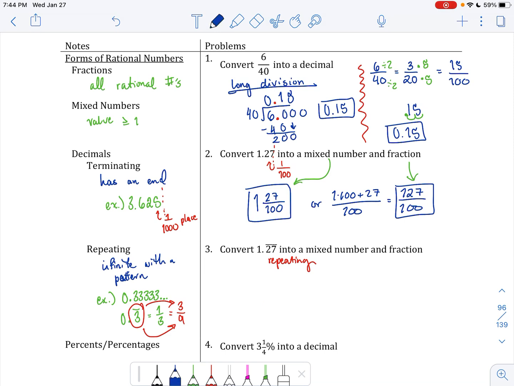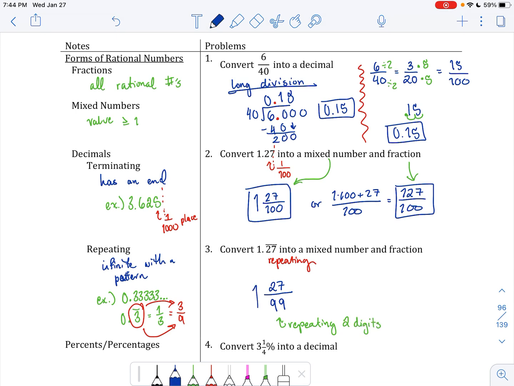So in this case, we have 27 for our repeating part, and for the denominator, there's 2 digits, so it goes 99. So again, the denominator is based on the repeating 2 digits.